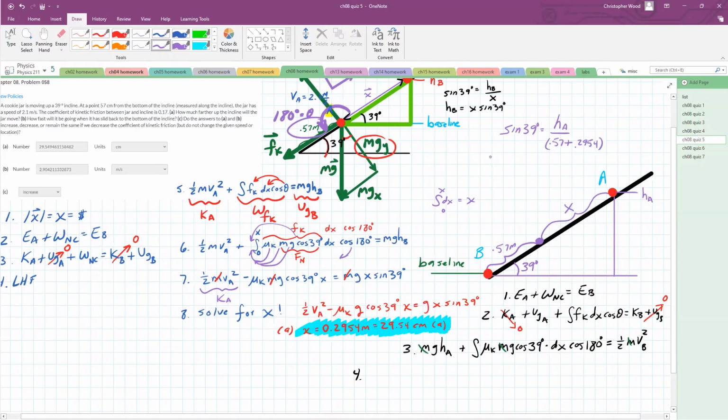So this is where I can say H sub A is, I'll just do this right now, 0.57 plus 0.2954 equals 0.8654, and some change.